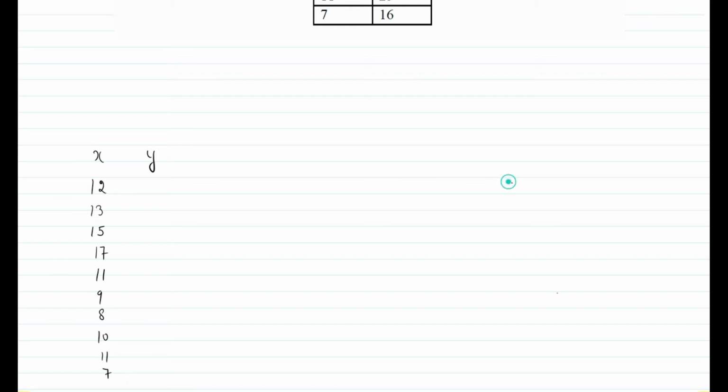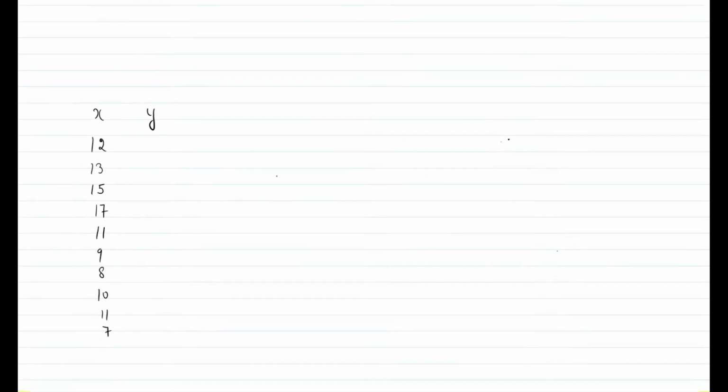The values of y given to us are 20, 22, 28, 31, 22, 24, 18, 21, 23 and 16.